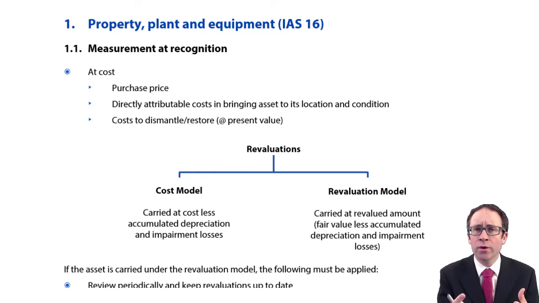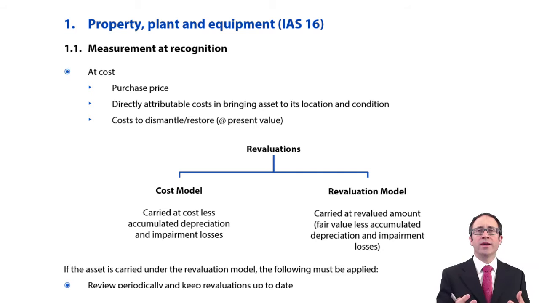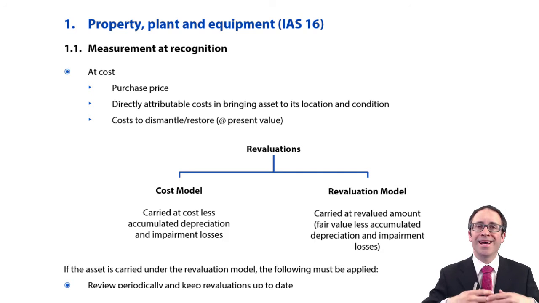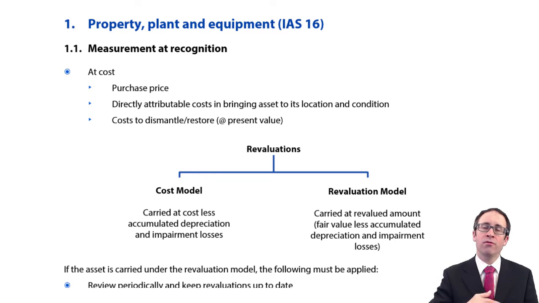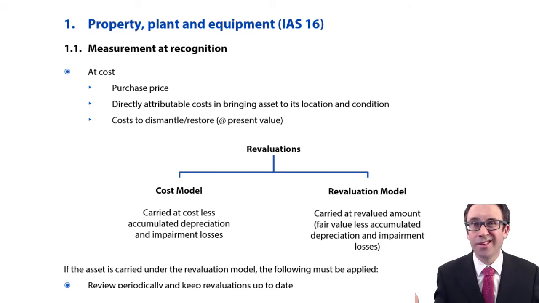Okay, and we know this story already. In terms of initial recognition, we capitalize it at cost. Once it's been capitalized at cost, we subsequently depreciate it. We also have the option to revalue, and then when it comes to the end of the asset's life, we will derecognize it, won't we? And we'll therefore get a profit or loss on disposal. Okay, that's it in a nutshell.